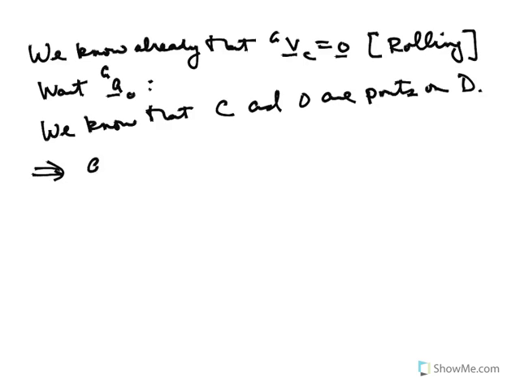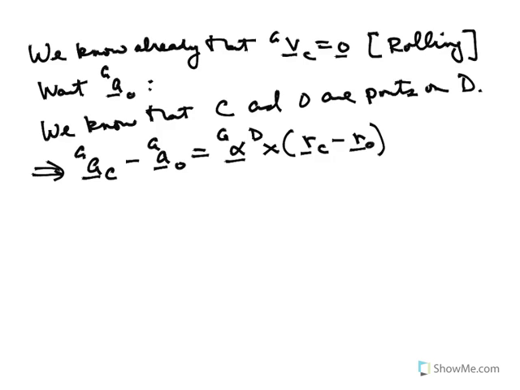So that means that, let's do it the other way around, the acceleration of point C minus the acceleration of point O is equal to the angular acceleration of the disk as viewed by an observer fixed to the ground crossed with RC minus RO, plus the angular velocity of the disk in the ground crossed with the angular velocity of the disk in the ground crossed with RC minus RO.